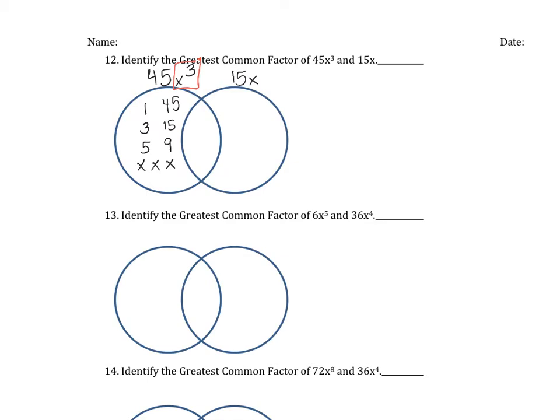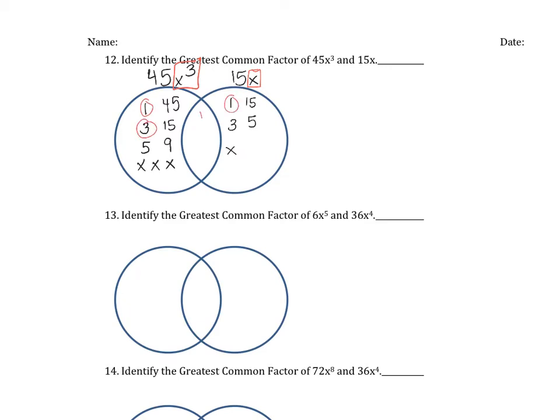Okay? Then I'm going to come to my other side. I know 1 and 15. And I know that 3 and 5. Don't forget, we have 1x. So I'm going to come write an x down here. Now I'm going to go ahead and circle all my numbers that are like terms.